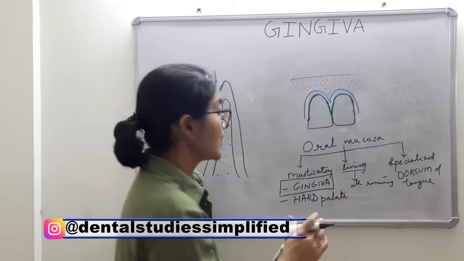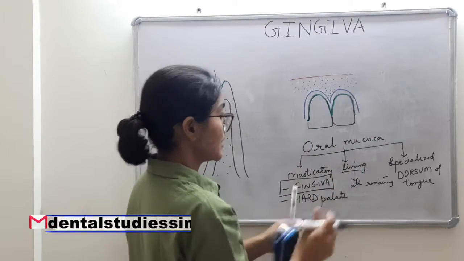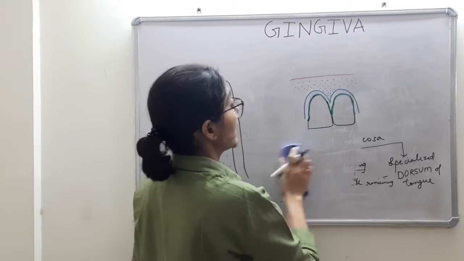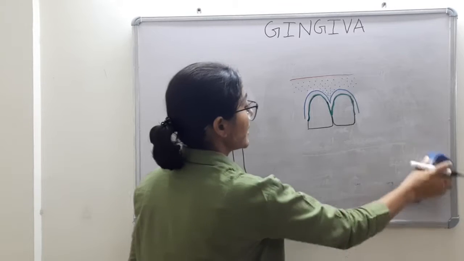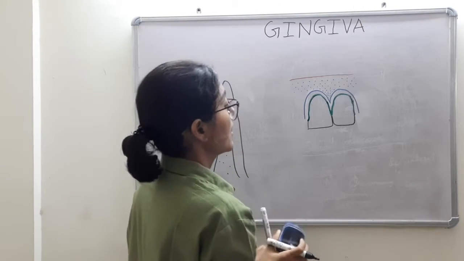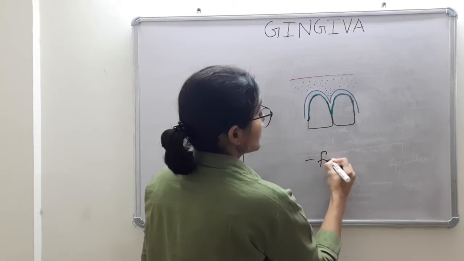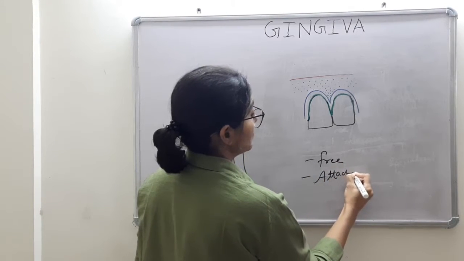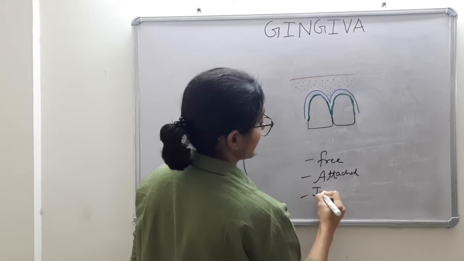Again, this gingiva is further divided anatomically. The anatomy of gingiva has mainly three portions: free gingiva, attached gingiva and interdental gingiva.